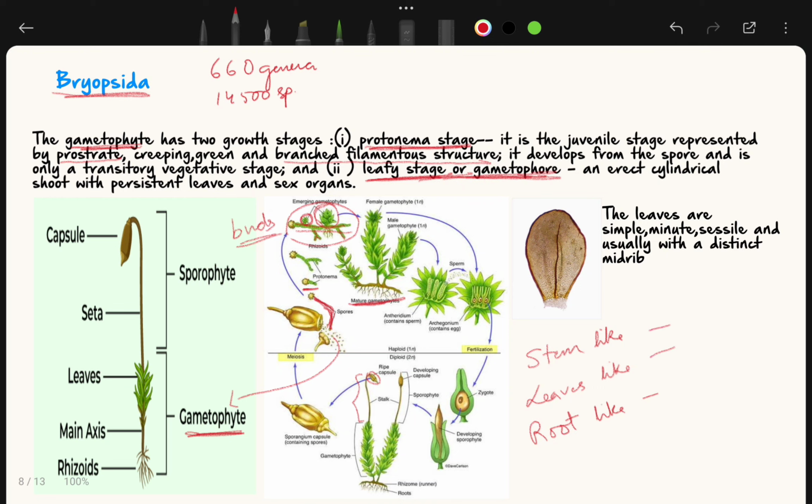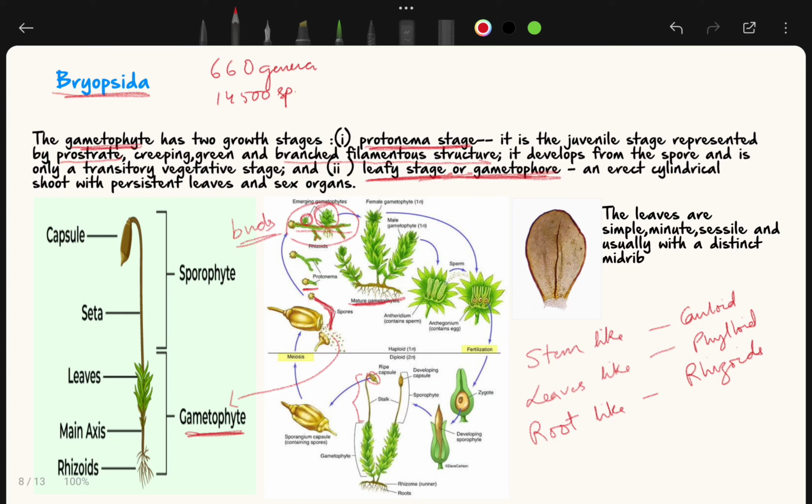These are not true roots, leaves and stem, but they have stem-like structures known as caulid, leaf-like structures known as phyllid, and root-like structures called rhizoids.